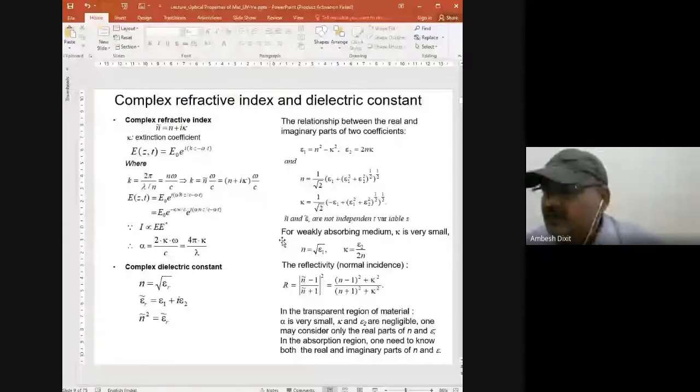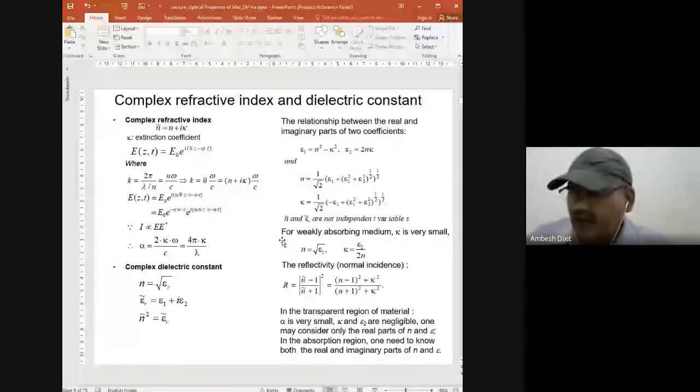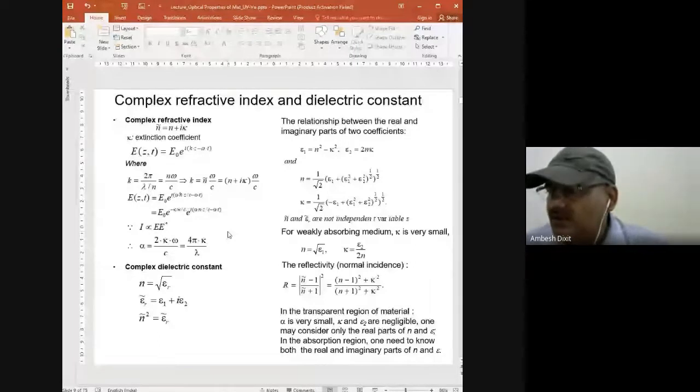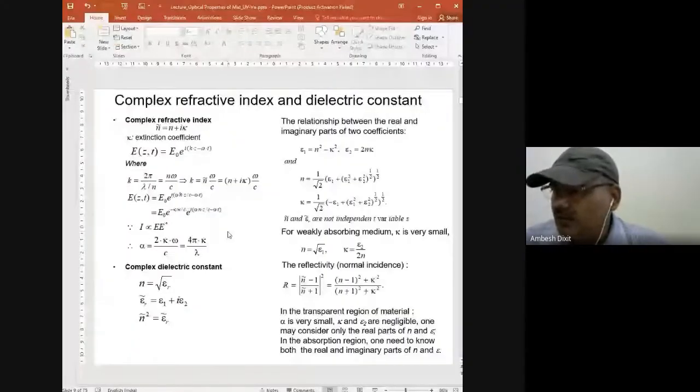This is macroscopic, looking at everything by eye, collecting the data and seeing how things change as a function of energy. Now we want to understand what is happening at the atomic level, why this absorption is happening and why this reflection is happening, using a very simple atomistic view of these processes.